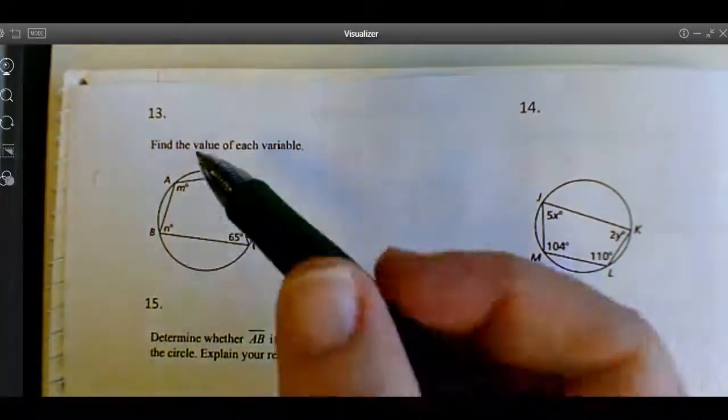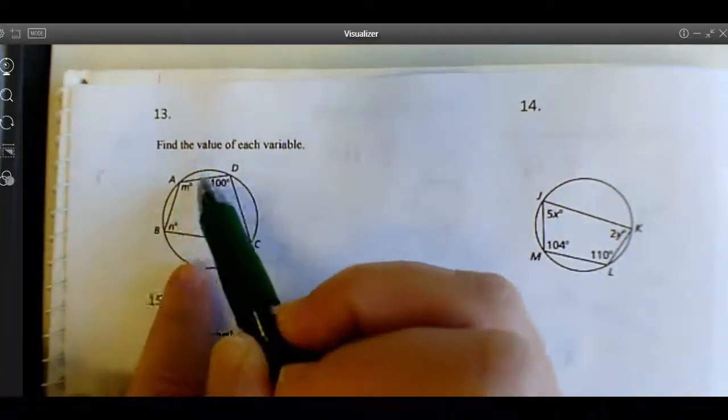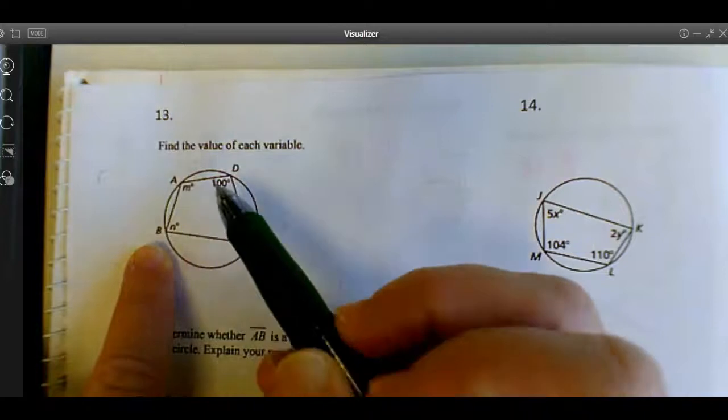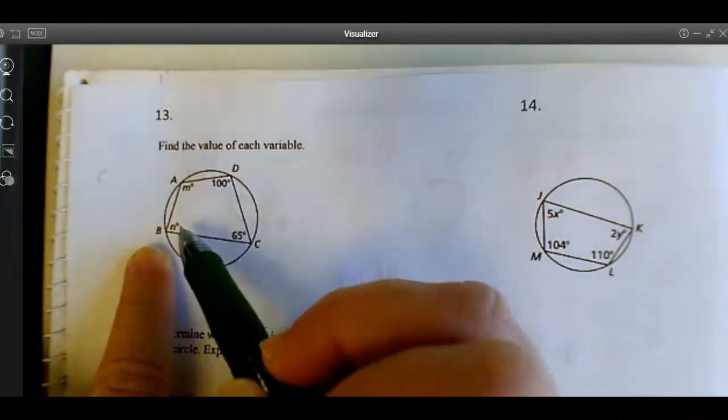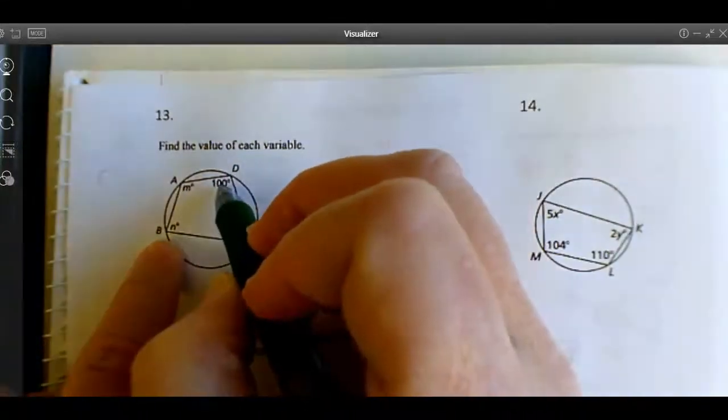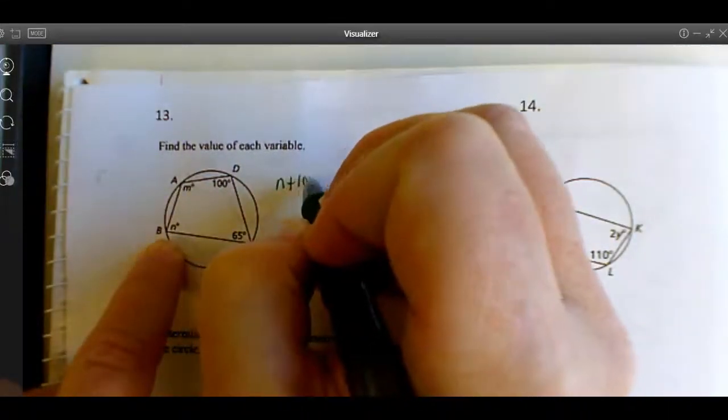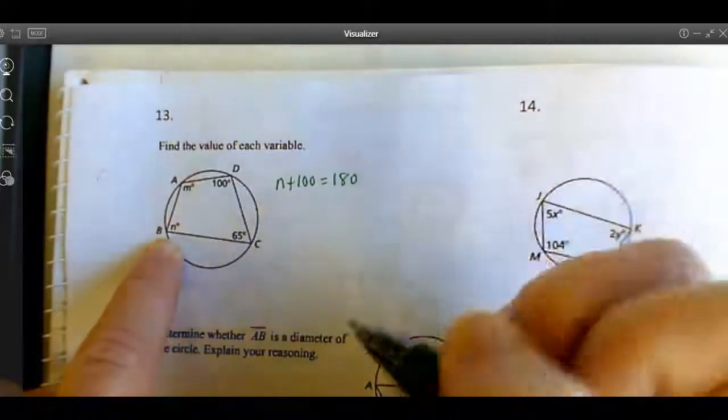Okay, so if I'm trying to find, I've got this quadrilateral. If I'm trying to find M and N, they're just across from it. So I know that N and 100 have to be 180.